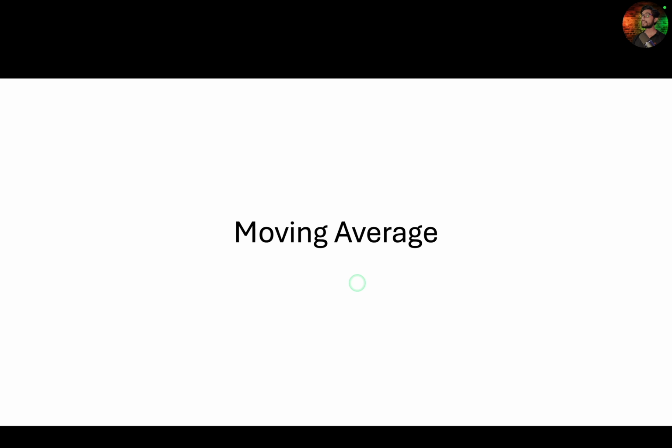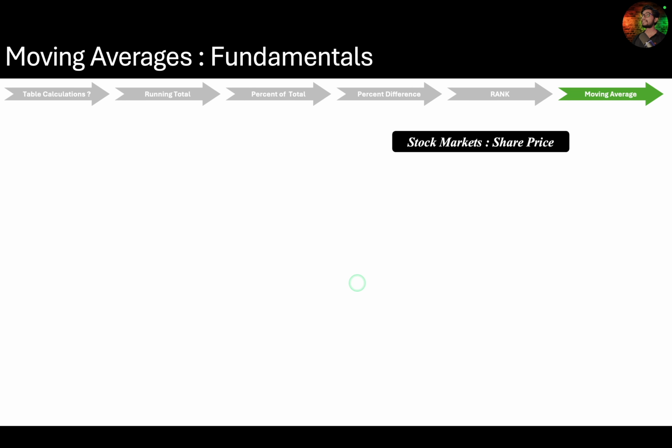To kick off the moving average discussion, let's first build the conceptual foundation through an easy to follow example from the stock market. Imagine you are tracking the end of day stock price of your favorite company for 10 consecutive days. Now to visualize this, we can place the days on the x-axis and share price on the y-axis.